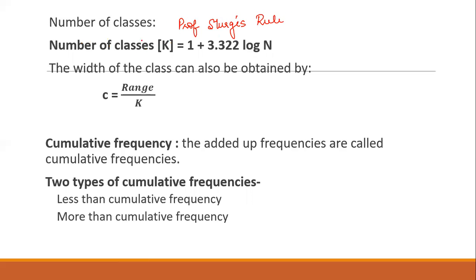According to him, the number of classes, noted as capital K, is equal to 1 plus 3.322 log n. When you say log, you have to see a log table. You do not have to worry about this. It is one type of formula.